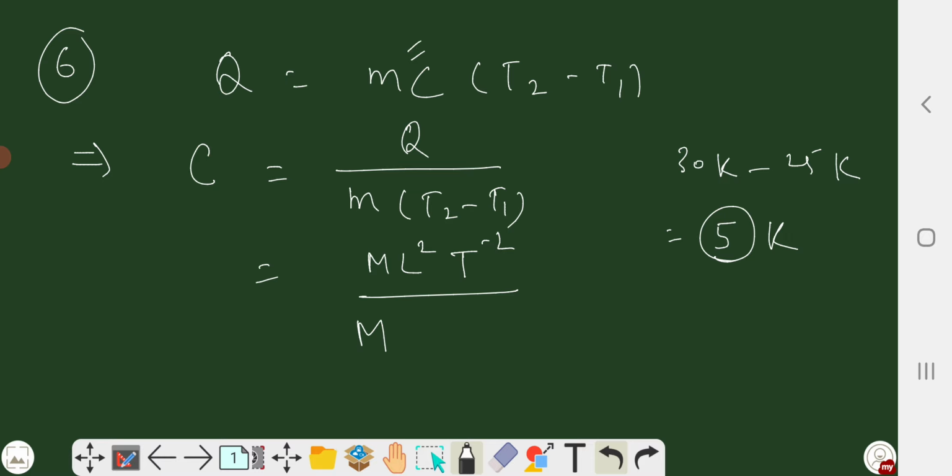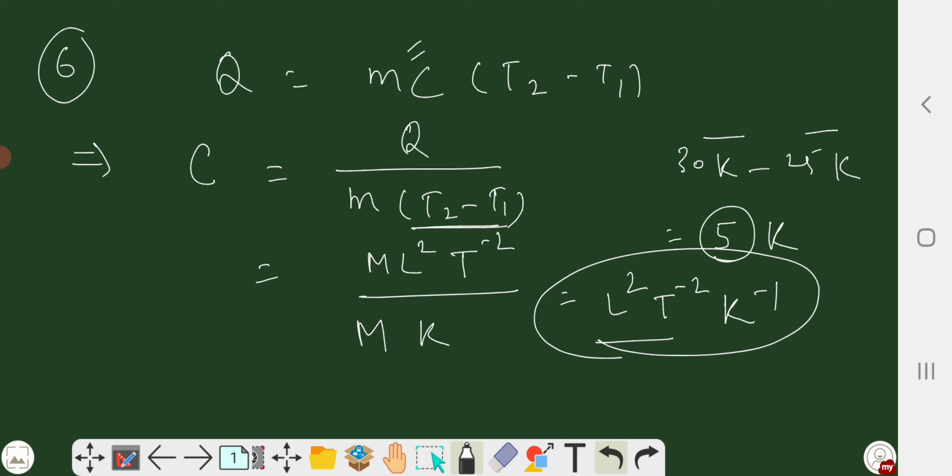So don't get distracted that Kelvin minus Kelvin becomes a 0 unit. No, the value will be subtracted but the unit will remain the same. So I will be using Kelvin for difference in temperature. M and M cancel, L square T to the power minus 2 K minus 1 is the answer for the first part.